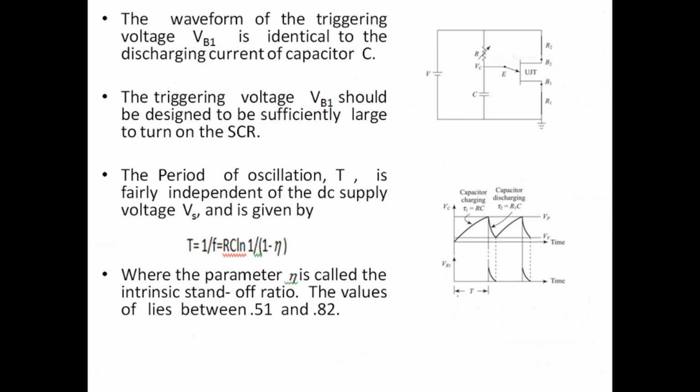This timing is decided by the values of R and C. By varying R and C, I can fix this timing. So we require a proper equation to fix this R, C and this T. How do we derive that?